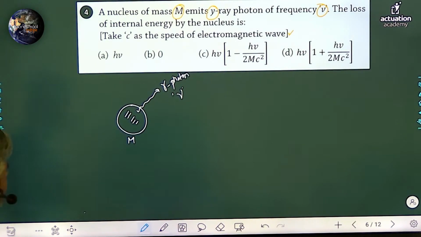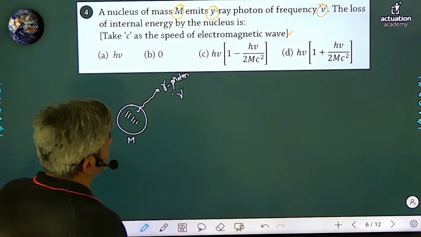The loss of internal energy. So the first thing, let's write down the internal energy here.